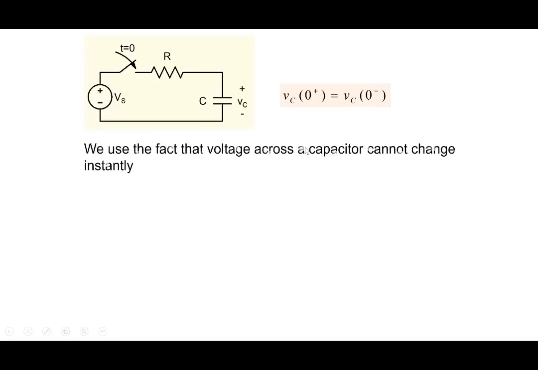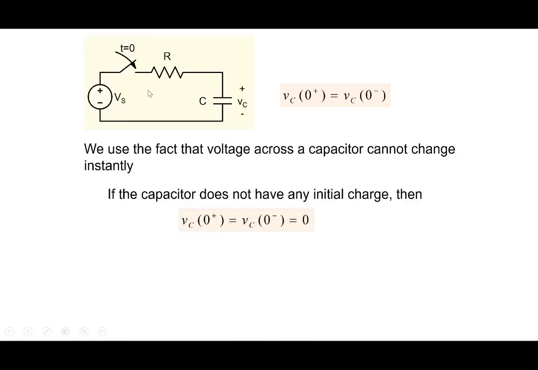So if the capacitor does not have any initial charge, then VC0 minus is what? The idea is that before the switch is closed, it's open, there is no source here. So the voltage across the capacitor, if it doesn't have any charge, must be 0 here. So VC0 minus is equal to 0, and then that must be equal to VC0 plus, okay?